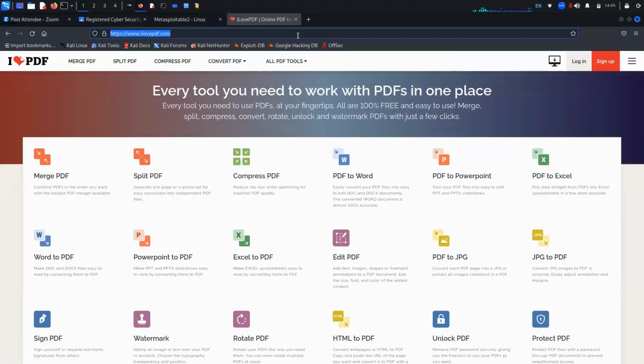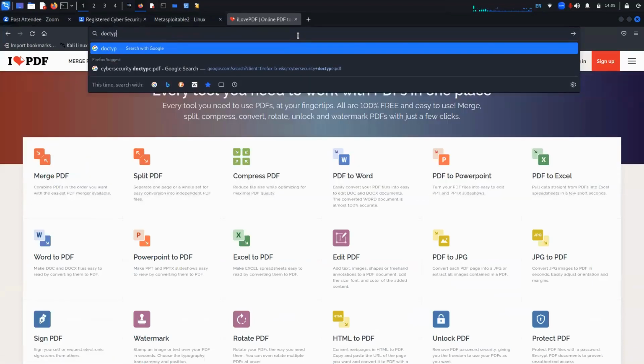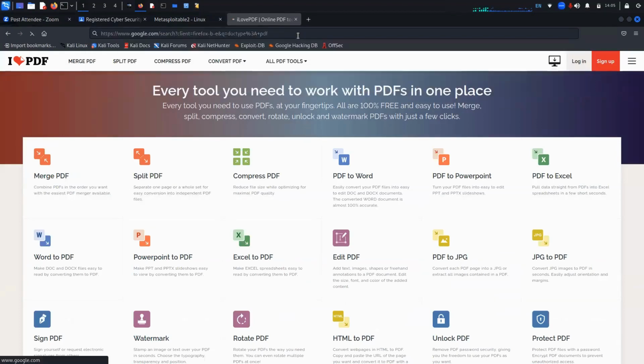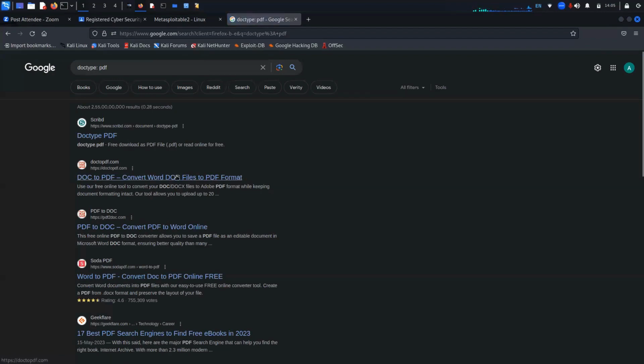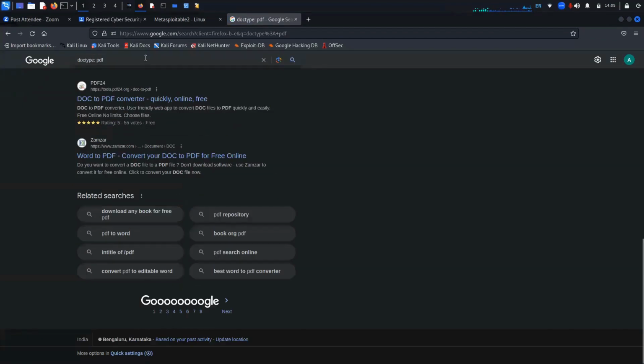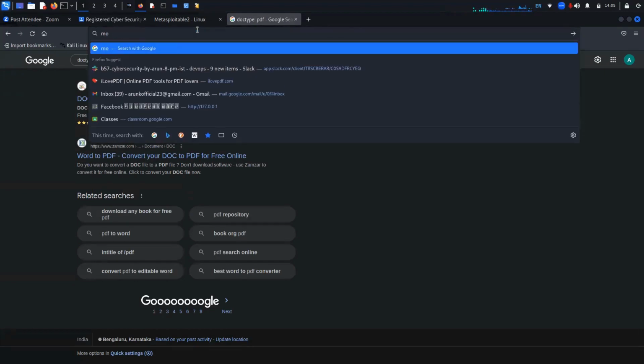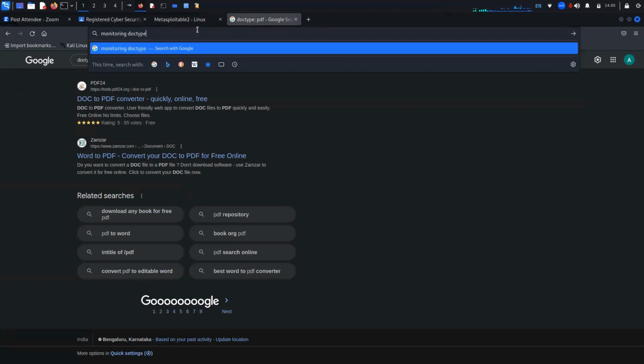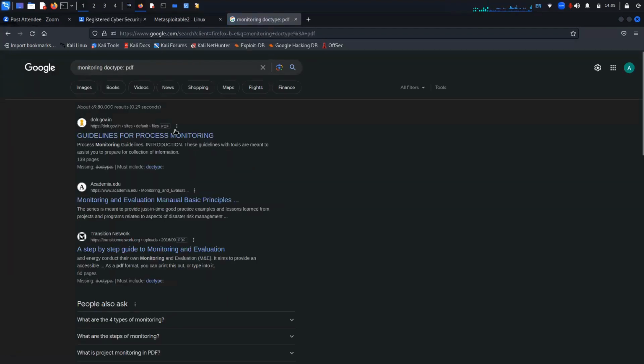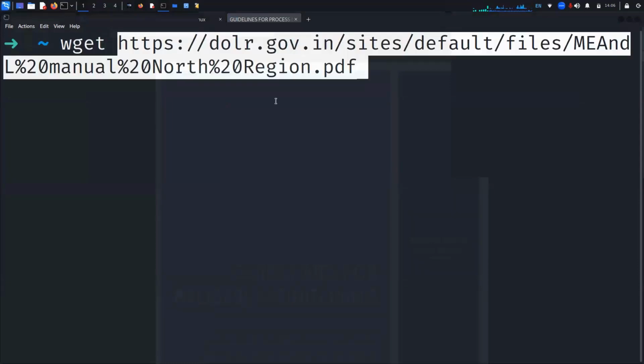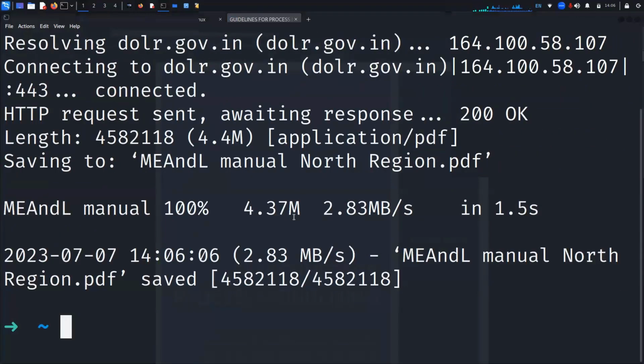Now, the main way that we install malware on a system that we have already gained access to is, see, what did I do here?